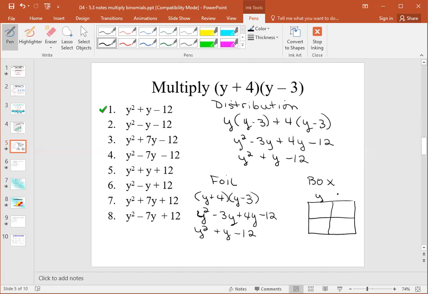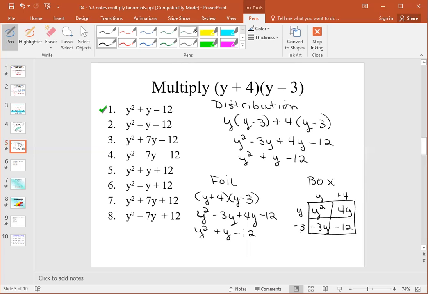Y plus 4, y minus 3. Remember, it doesn't matter which grouping went left or top. Y times y is y squared. Y times +4 is 4y. -3 times y is -3y. -3 times +4 is -12.